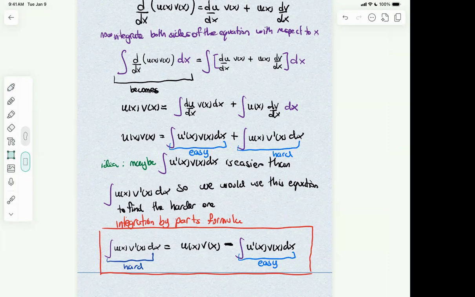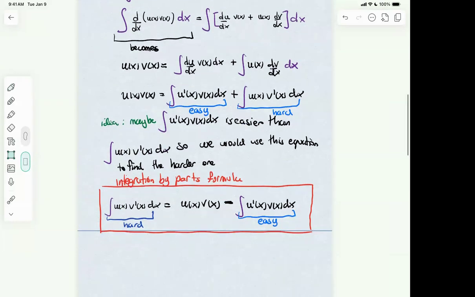So in practice, and you'll see this in a moment, the way to use this is that you will have a function that you're trying to integrate, which you have to write as the product of two things. One will be u, and the other one will be the derivative of v.